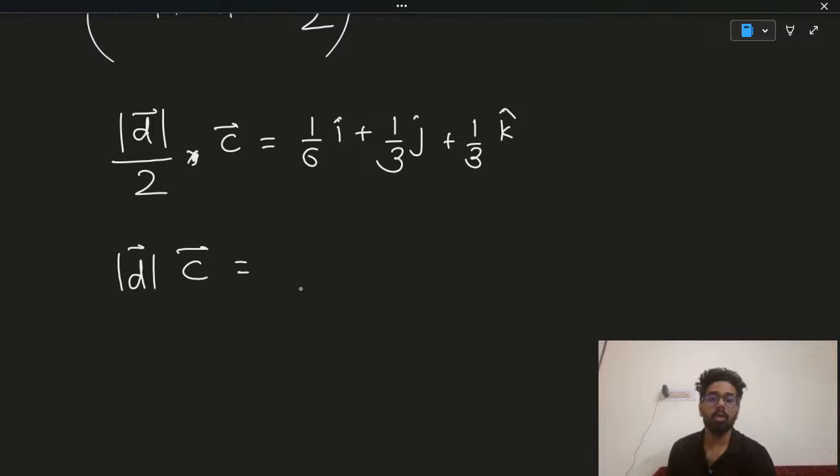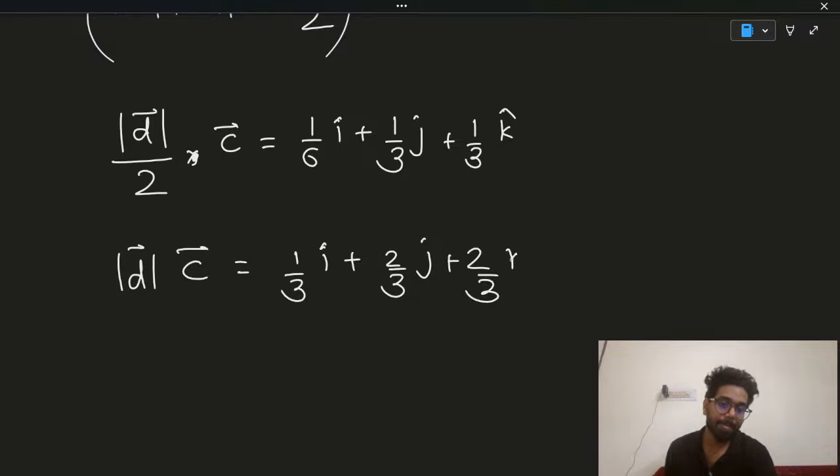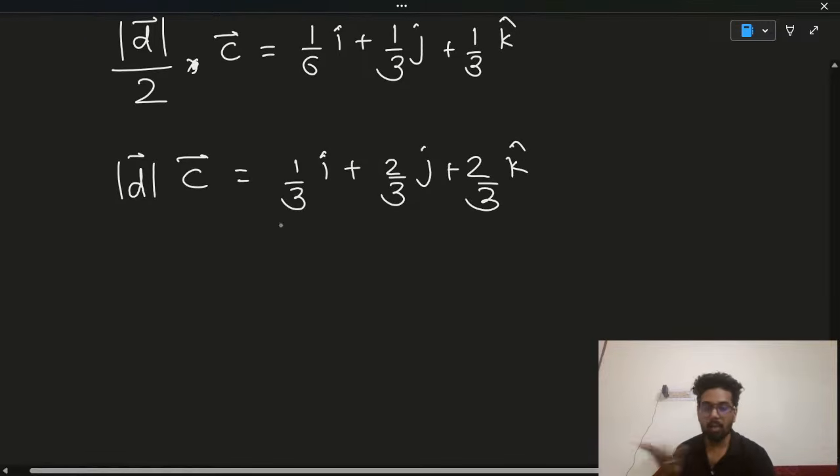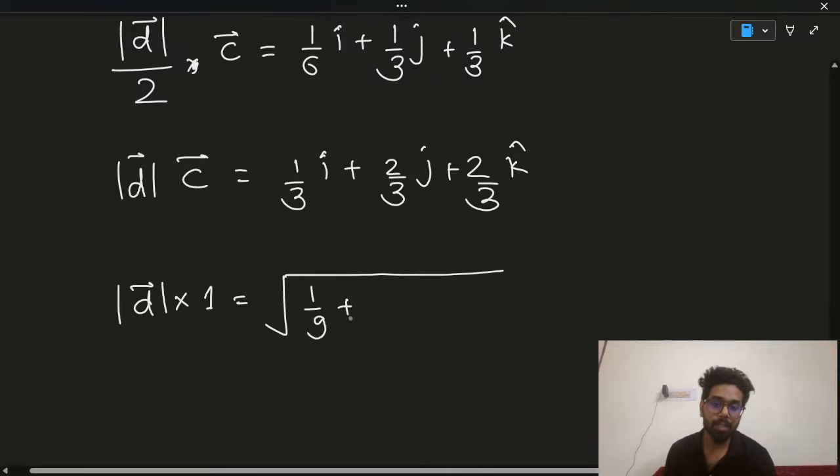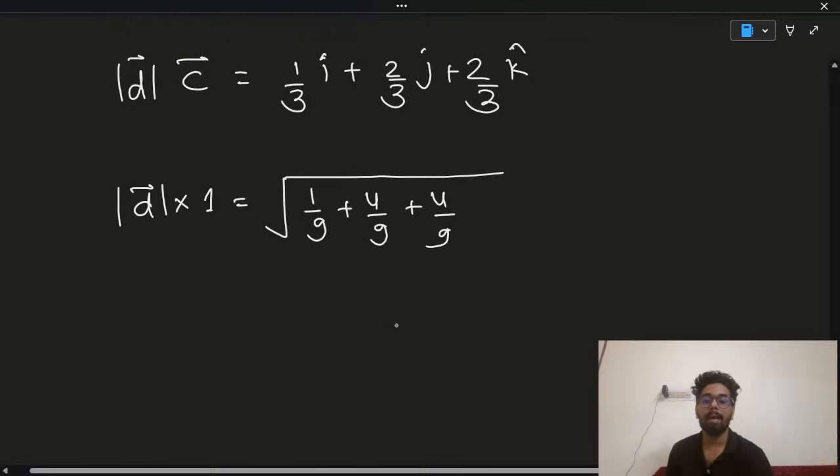This is equal to 2 by 6, which is 1 by 3 i cap plus 2 by 3 j cap plus 2 by 3 k cap. Okay, so now you will take modulus both the sides. So magnitude of D into magnitude of C, which is 1, is equal to under root of 1 by 9 plus 4 by 9 plus 4 by 9, and from here magnitude of D is equal to 1.